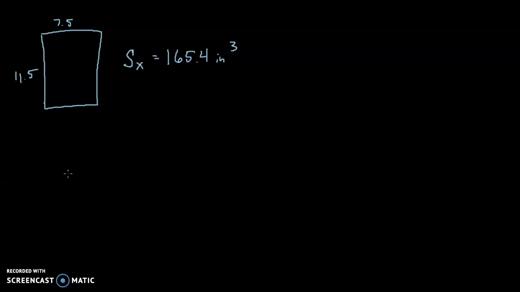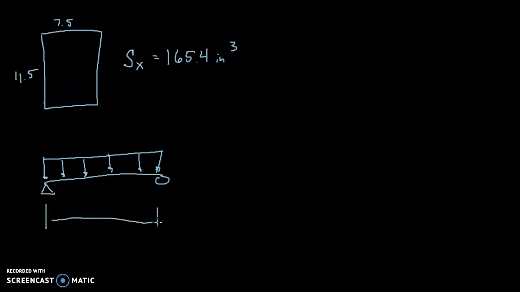In example 14.2, we are given a simply supported beam with a uniformly distributed load on it. This is a very common loading and support condition. In fact, it is perhaps the most common loading and support condition there is for beams.